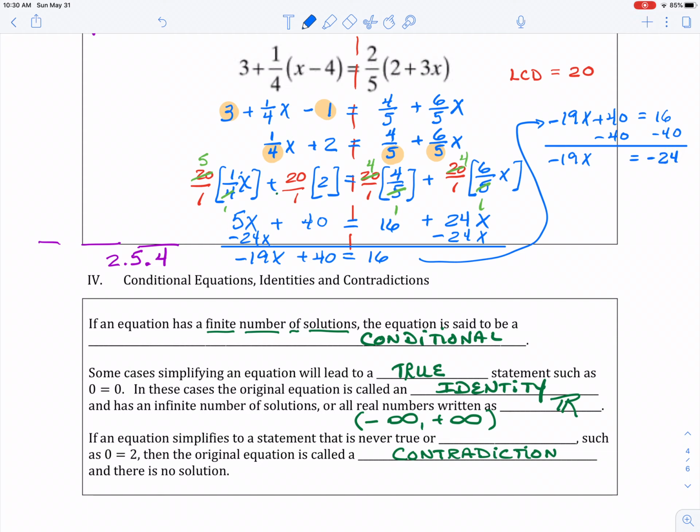Hope that's right. And then finally, quickly divide by this negative 19, the numerical coefficient. So I'll end up with a negative 24 divided by a negative 19. And remember that negative divided by negative is positive, and I don't believe I can reduce that, so that's where I would stop with 24 over 19.